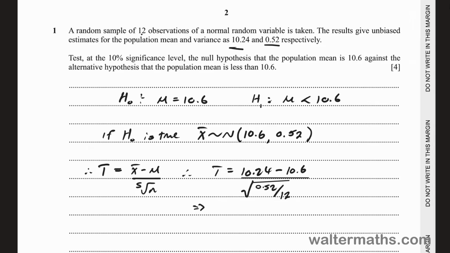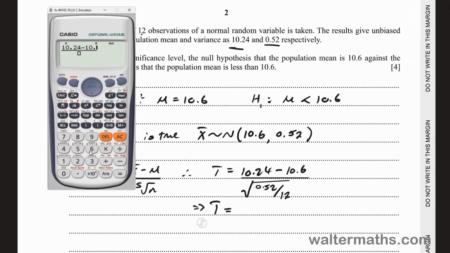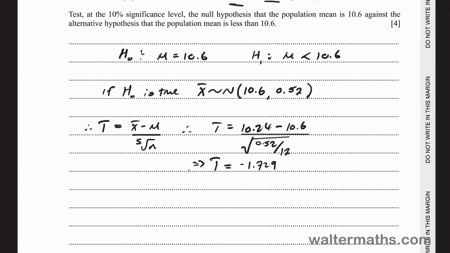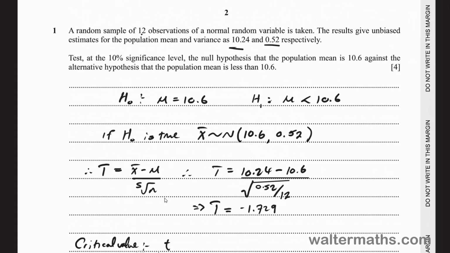All right. So the test statistic will be, therefore, if I use my calculator here, we get negative 1.729. So negative 1.729 is the test statistic. Now, the critical value is a t-value at n minus 1 degrees of freedom.